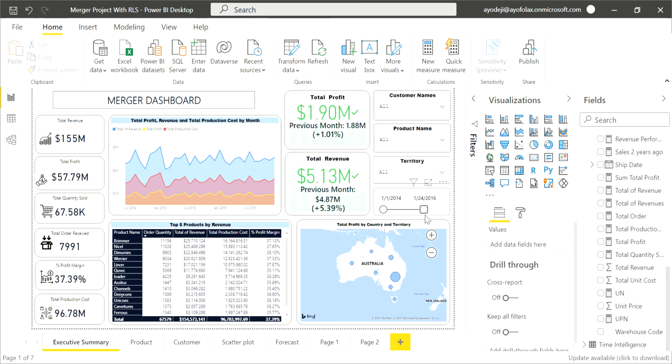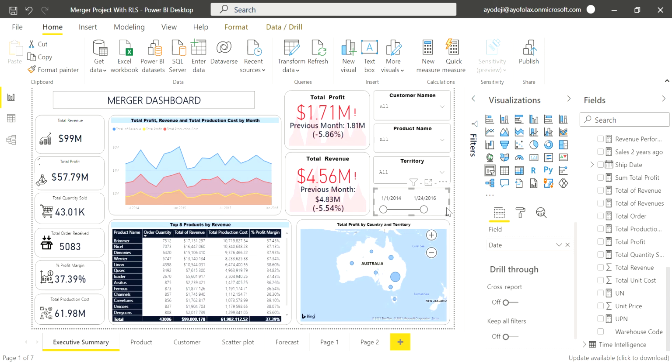If you move the date slicer in order to filter by date, you can see that the current date here is January of 2016, and in that month of January of 2016 a profit of 1.7 million was made, but it's 5% lower than what was made in December of 2015. This other card also gives an indication of the revenue by month.